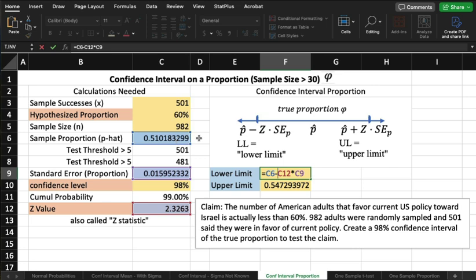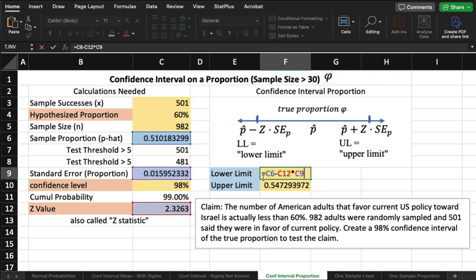You would have to survey every single adult American in the United States if you wanted to get the exact proportion, and that's impossible to do. So that's why sampling will give us kind of a margin of error, or an interval.